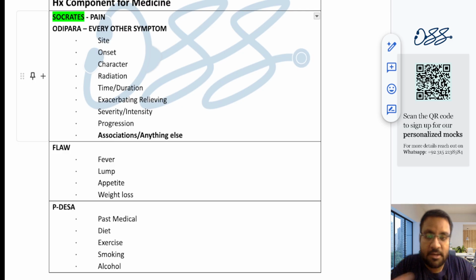Whenever you are asking any particular question, it is very important to be specific. You need to have a logic behind every question. Why are you asking this question, or are you just asking it for the sake of asking it?